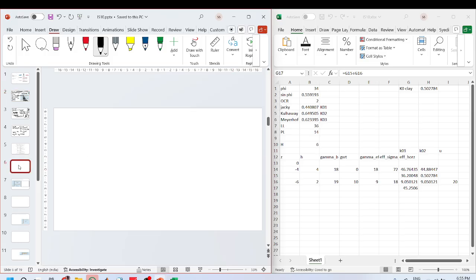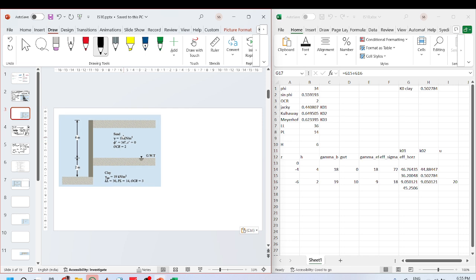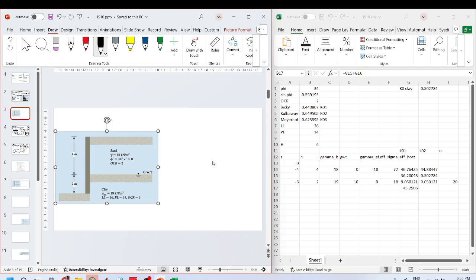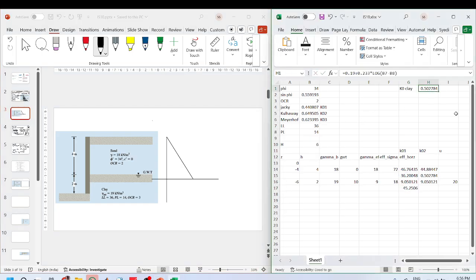This is the next page. This has been given in the question that I am discussing.